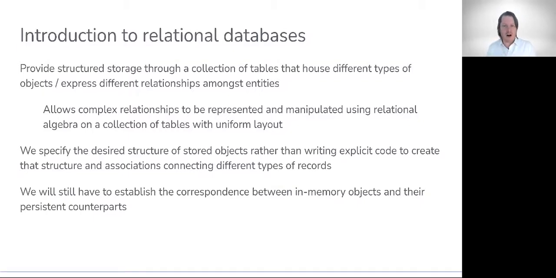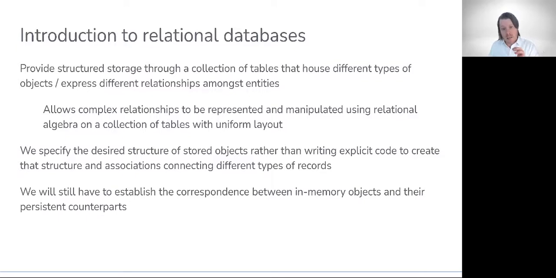What that means is we're not going to have to write explicit code to create this structure and these associations connecting different types of records in their persistent storage. Instead, we can set all of this up, and then what we're going to be responsible for in our application is ensuring that the different components of our objects get distributed to the proper tables within our database.